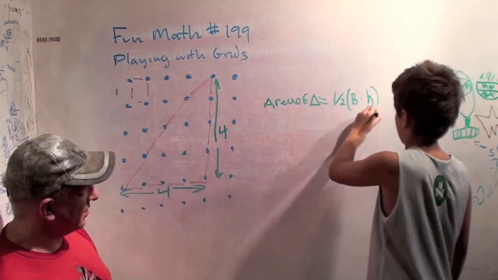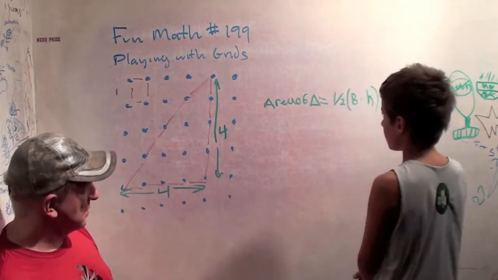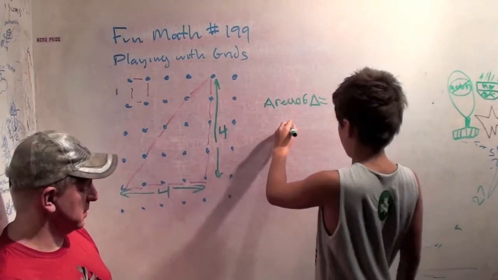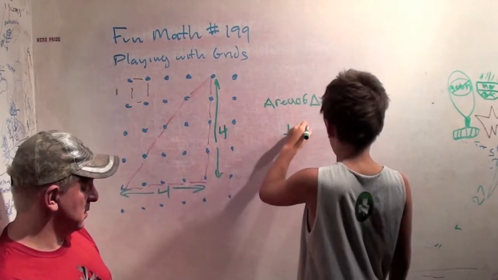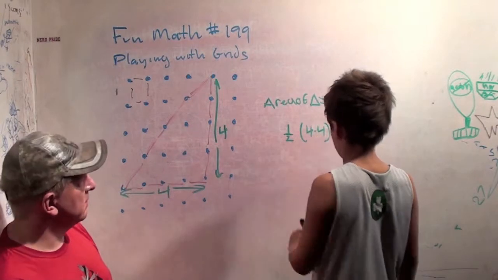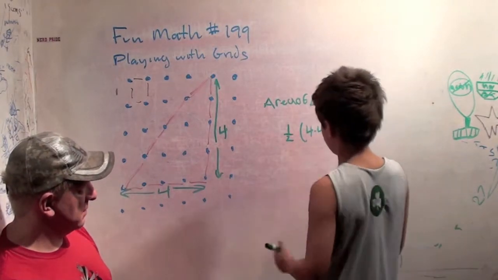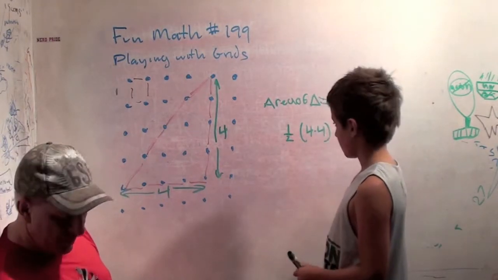One half base times height. Okay, awesome. So we've got 1/2 times 4 times 4, or 1/2 of 16, which is 8. Okay, go ahead and write that up.